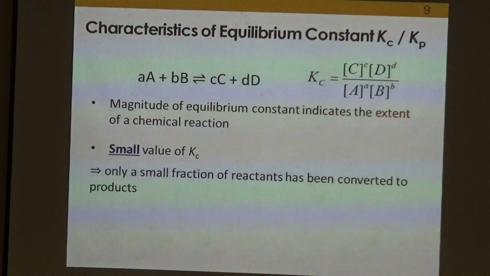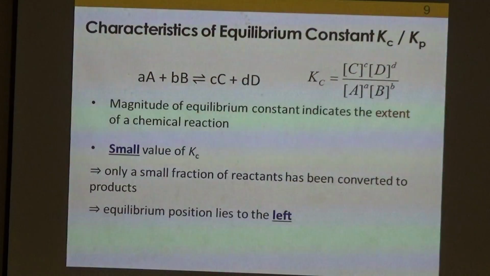Another way to think of Kc is as a ratio of the products to the reactants, so a high ratio means you have more of the products. And a small value means the equilibrium position lies to the left.